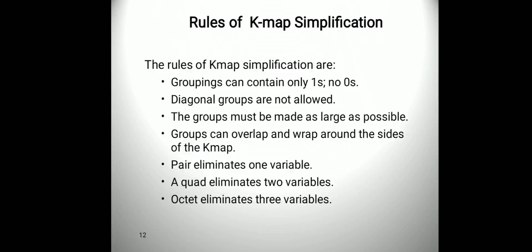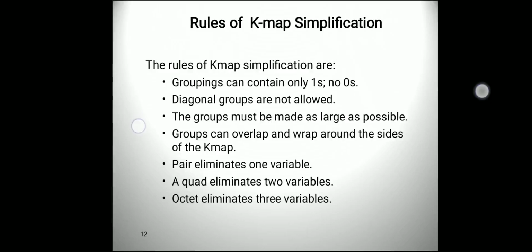The rules for K-map simplification. Rules of K-map simplification are: grouping can contain only ones and no zero in the SOP form, but in the POS form groups contain zeros. Diagonal groups are not allowed.